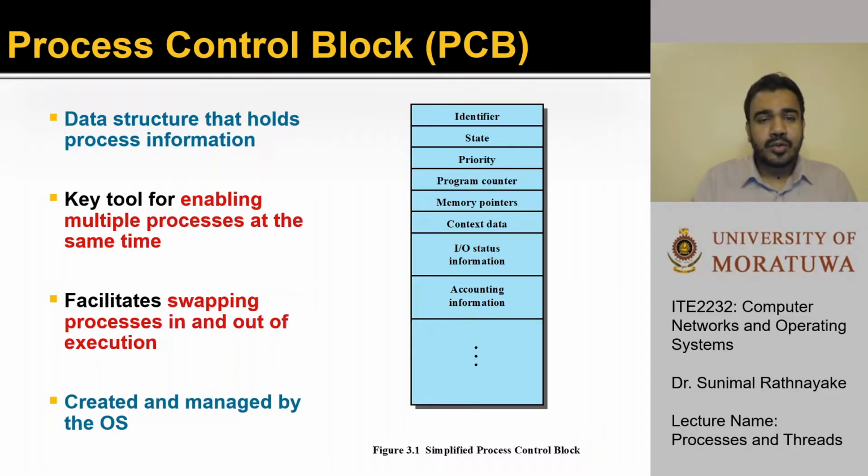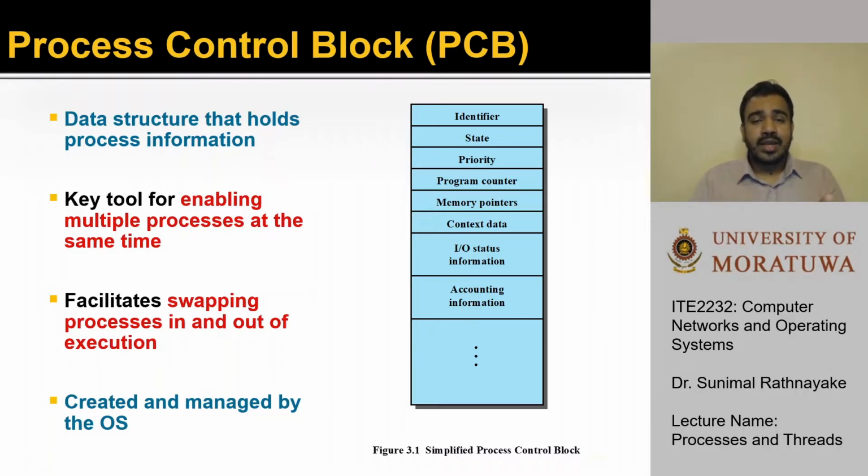The process control block also facilitates swapping processes in and out of execution. So what does it mean to swap processes in and out of execution? The processor is a scarce resource: we have only one processor, or a few processors in some multiprocessor systems. If we consider a uniprocessor system, we only have one processor, right? But we have multiple programs that want to run on that processor.